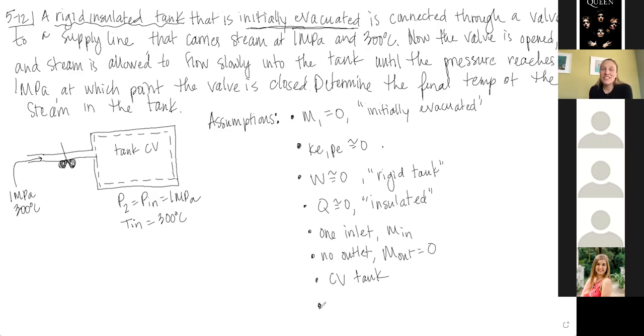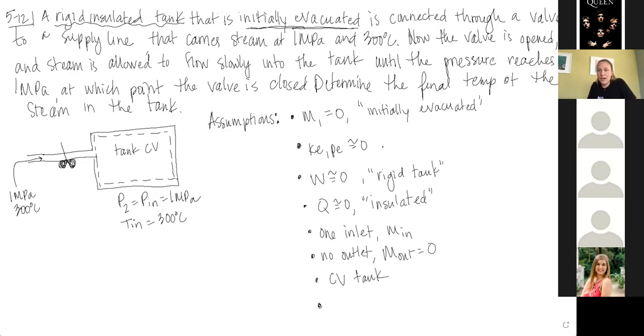So remember our steady flow processes were nozzles and diffusers, throttling valves, pipe and duct flow, turbines, compressors, and there's nothing about a tank, right? A rigid tank. And this isn't a throttling valve. This is just a valve to open a supply line. So this isn't a throttled system.